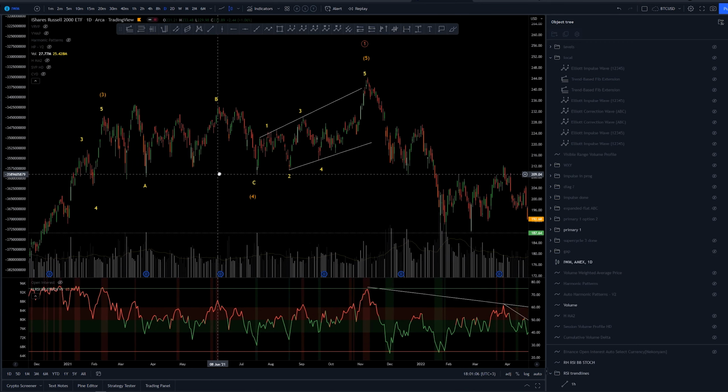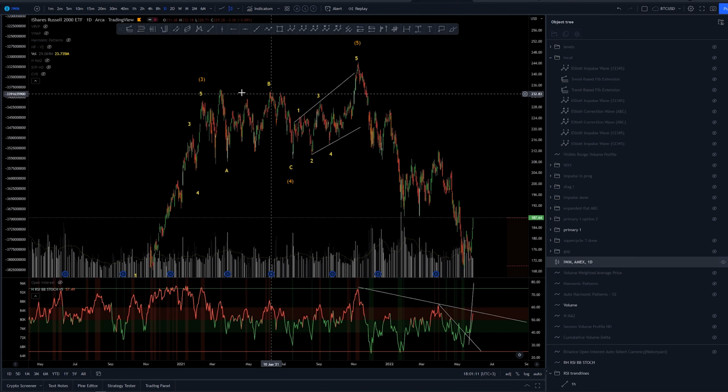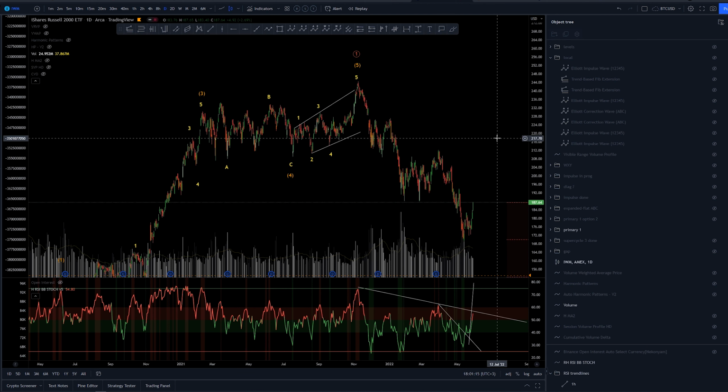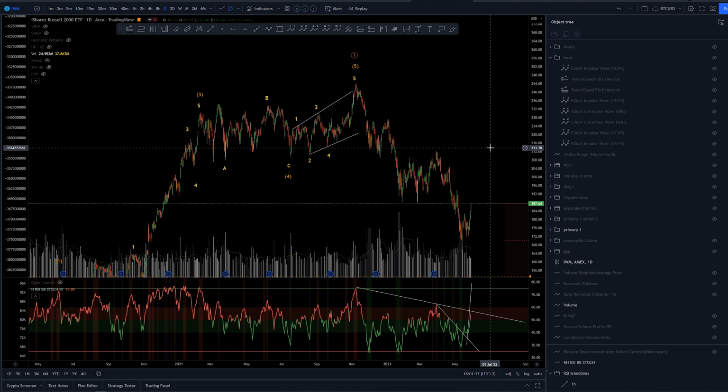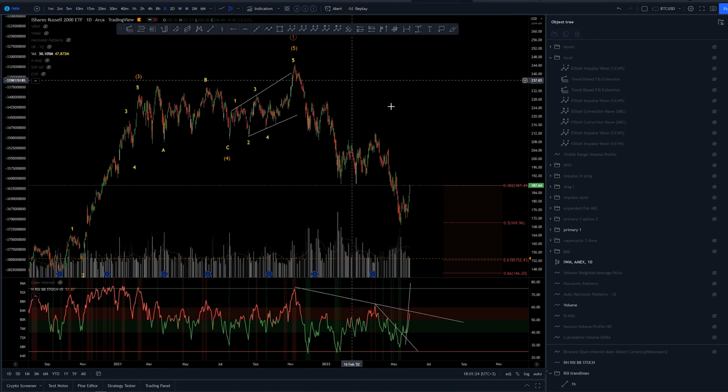Not really the prettiest of counts, but sometimes they are just these sideways corrections that we just need to be a bit more creative with. Now with this one again, we had this kind of ugly expanding diagonal into the fifth, but it works.